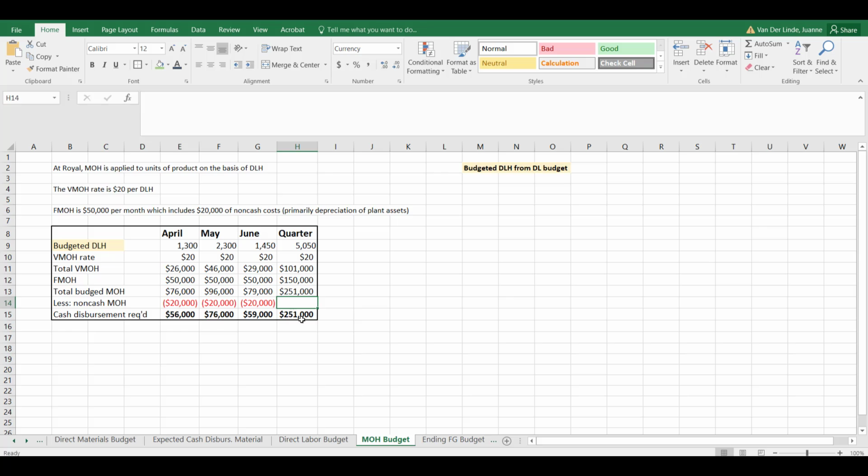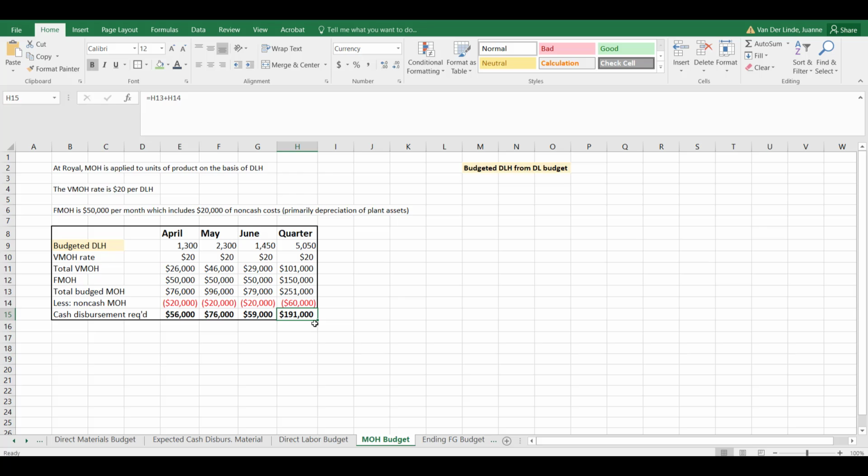So would that mean that that's how much cash we would be paying for the entire quarter for manufacturing overhead? No, because remember, there's $20,000 of non-cash manufacturing overhead costs each month. So $20,000 each month, that's non-cash, would leave us with $60,000 for the quarter in non-cash expenses.